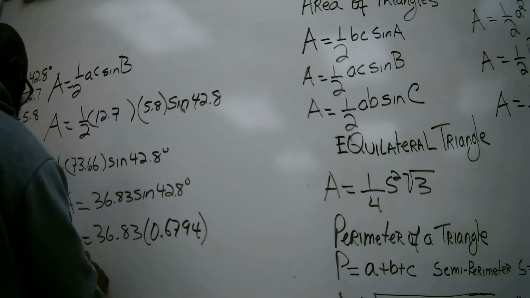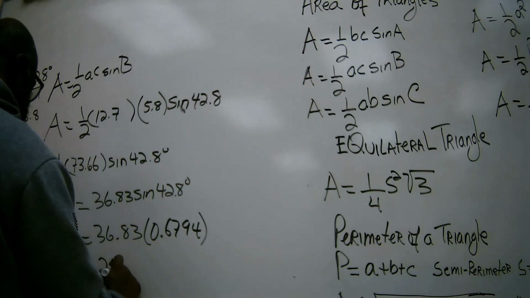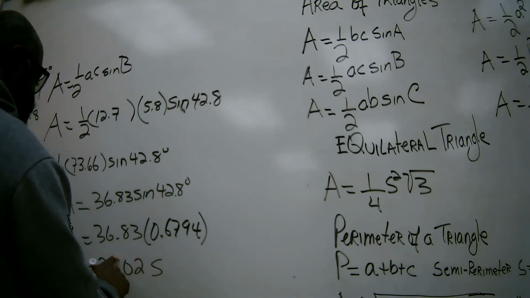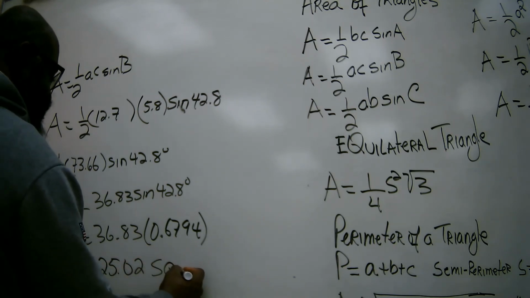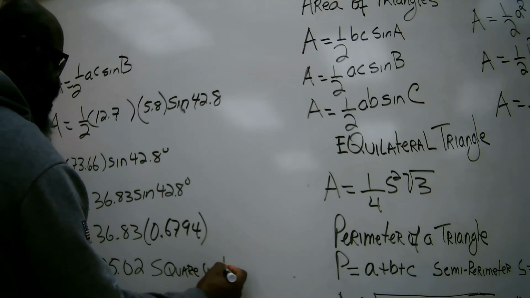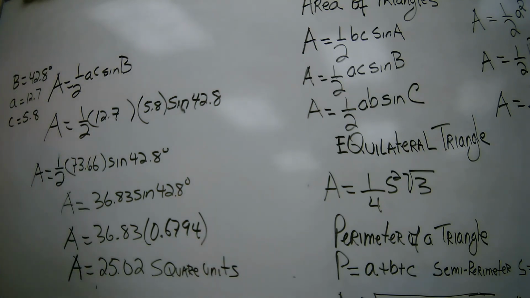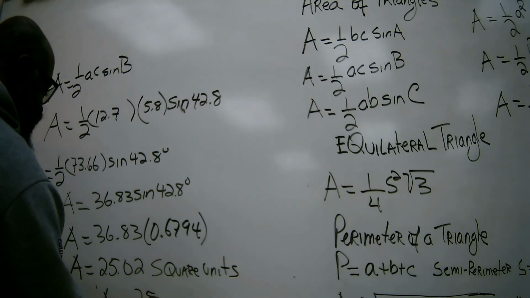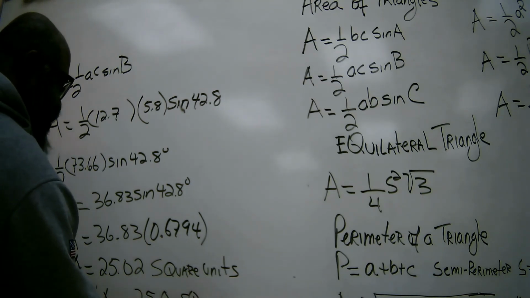In this case, the area of the triangle will be 25.02 square unit. Since I want this to the nearest tenth, the area will be 25 square unit. Then you're done.